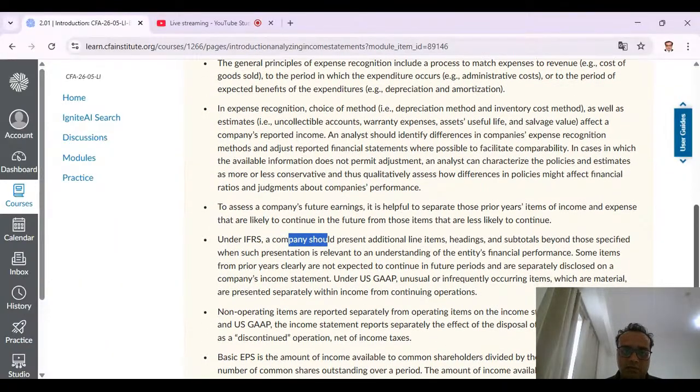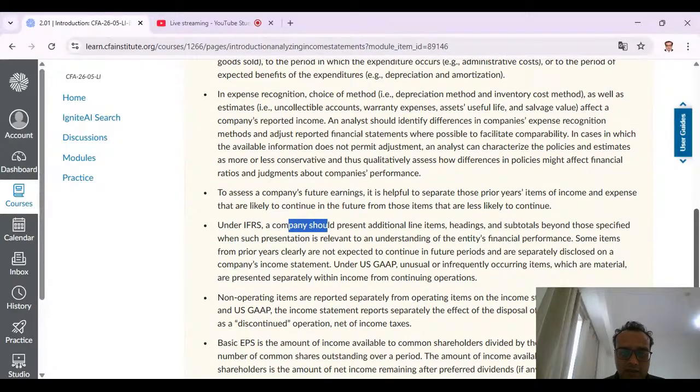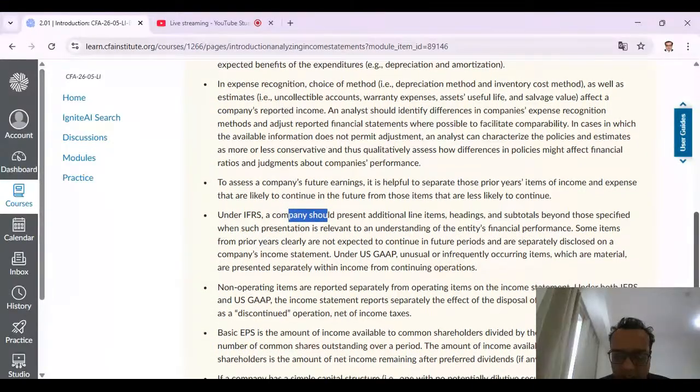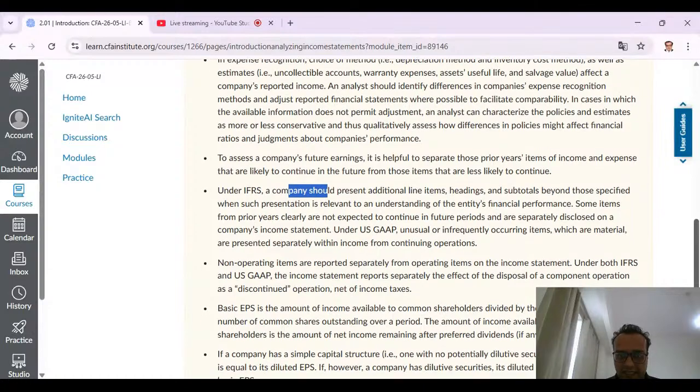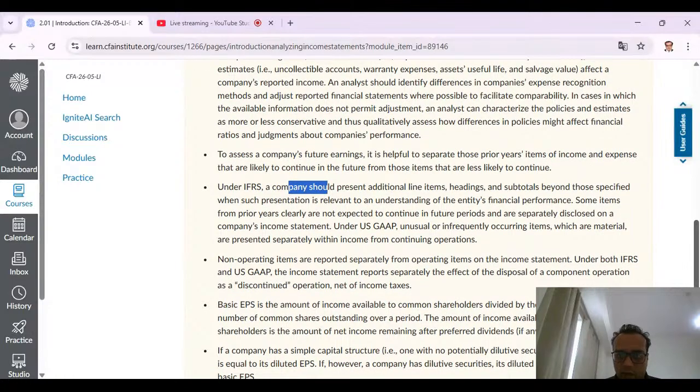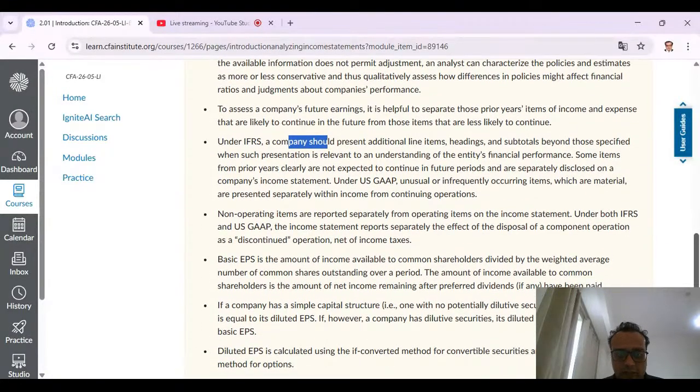Such items from previous years that are clearly not expected to continue in future periods are separately disclosed on the company's income statement. Under US GAAP, unusual or infrequently occurring items which are material are presented separately within income from continuing operations.